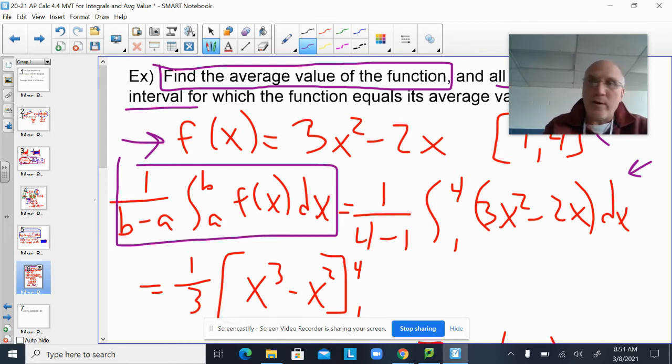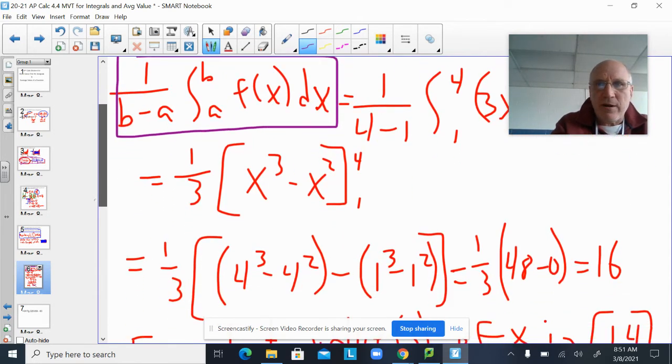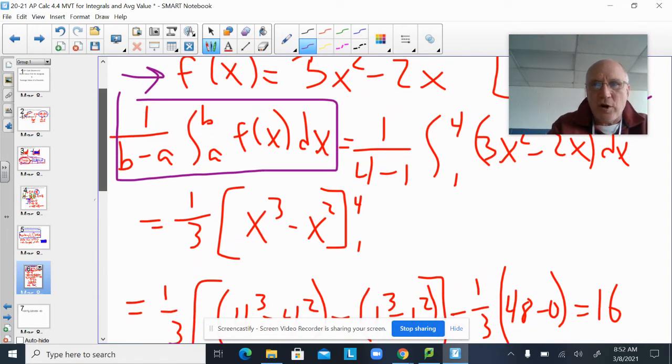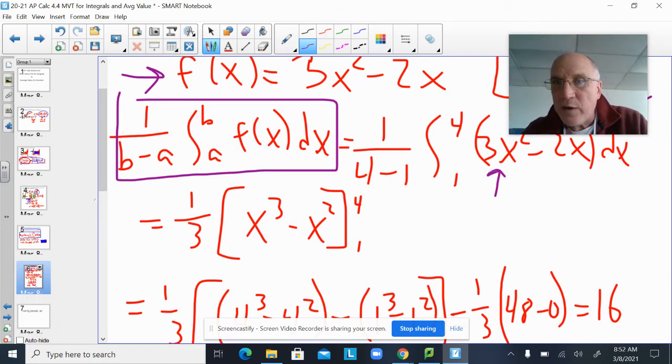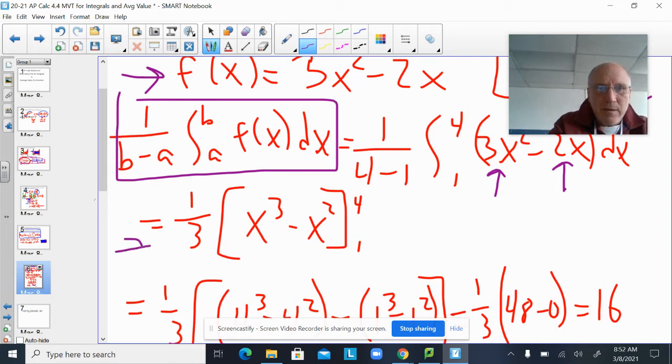And now we are doing the anti-differentiation fundamental theorem of calculus stuff we've been doing. So from here, this became 1/3, and then the antiderivative of 3x squared is 3x cubed over 3, which is x cubed. And then the antiderivative of 2x is 2x squared over 2, which is just x squared. So this line, notice I still have the 1/3 out front, which is that 1 over b minus a. Don't forget about that.